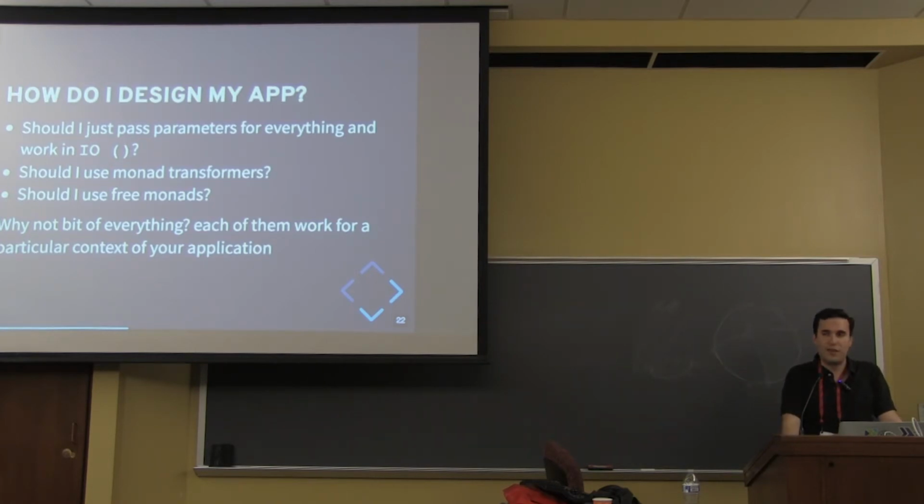Or should I use something like monad transformers and keep my state in a StateT or a ReaderT? Or should I run free monads and interpret everything that I need? The answer is probably you don't want one solution for everything. There's different things that you can do. And you can actually merge those solutions together into different strategies, right?